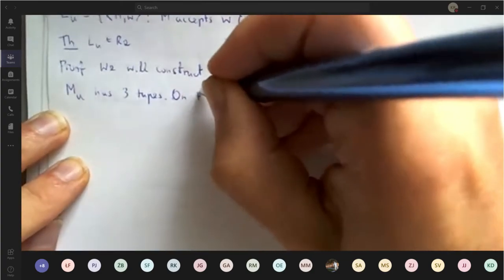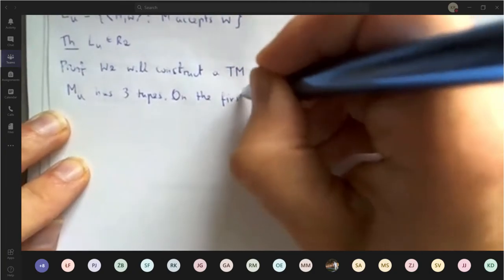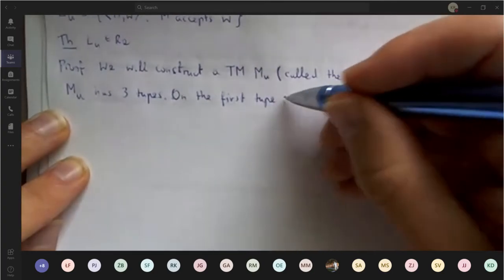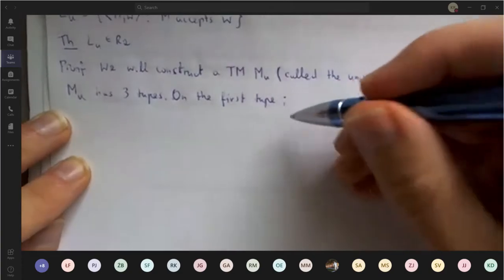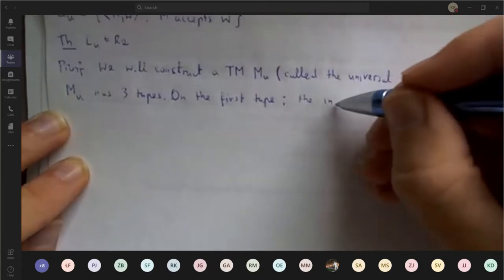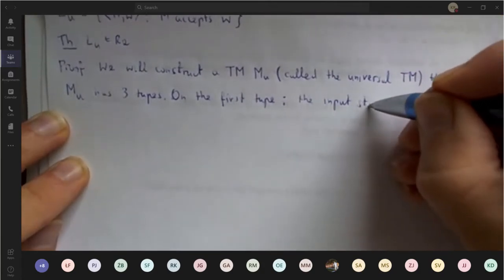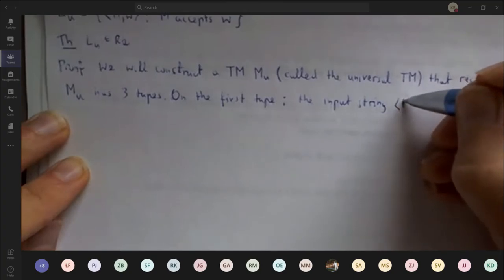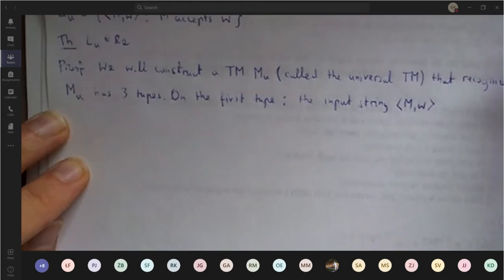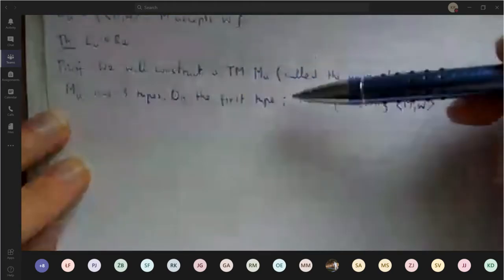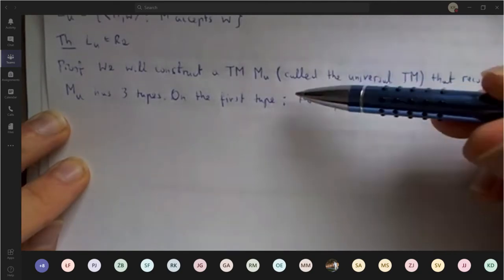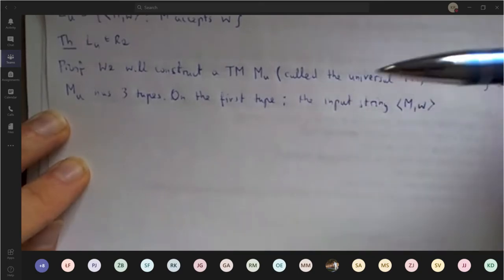On the first tape, our Turing machine will store the input string. So our universal machine gets the input string MW on the first tape, and it will stay there.